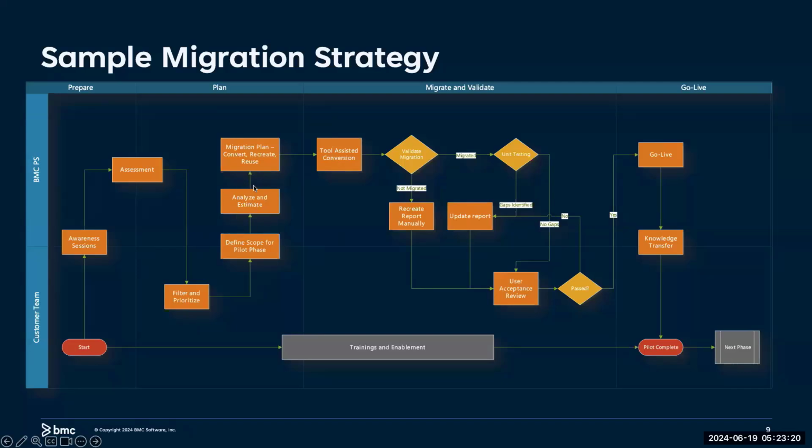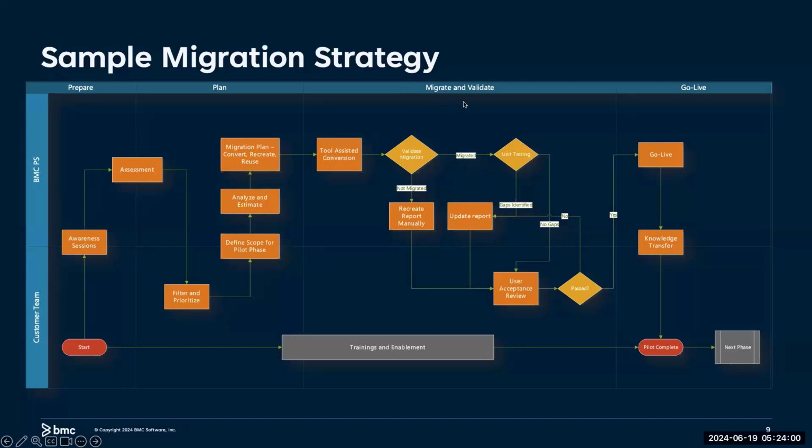This will allow you, or if you have a PS working with you, the two teams to jointly understand, analyze, and estimate how each of those reports needs to be handled, which is basically whether we want to do a conversion of that report, whether we want to recreate that report on the new platform, or whether we want to reuse something else out of the box.